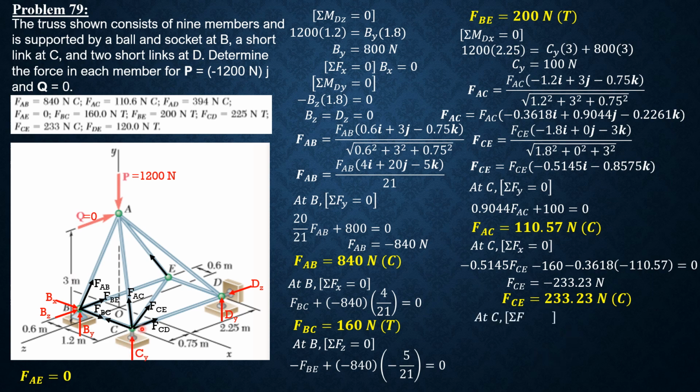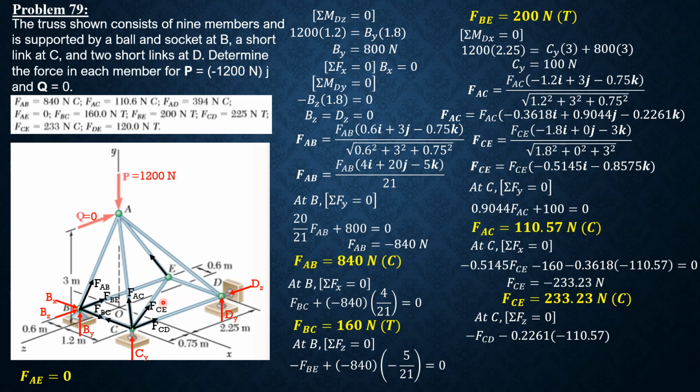Then to solve for FCD, summation forces along Z equals 0. So FCD is assumed to be in that direction, tension, so it is in the opposite direction, so negative FCD. Then the Z component of FAC is negative 0.2261 of FAC, so negative 0.2261, this is FAC.